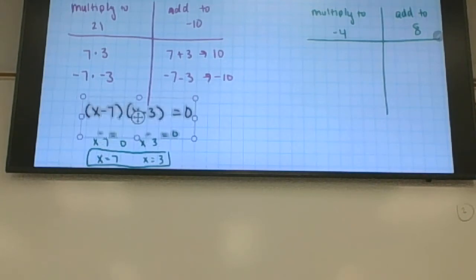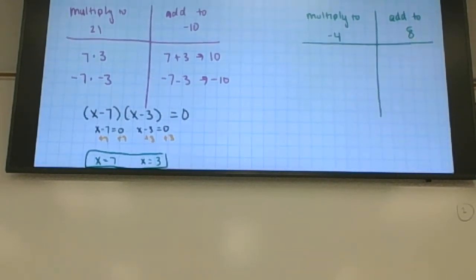Yeah, good question. You're asking me if this is a review? Yep. So we've already done number 3, solve by factoring. You've had a quiz on it. You know how to do it, right? No, this was before that.